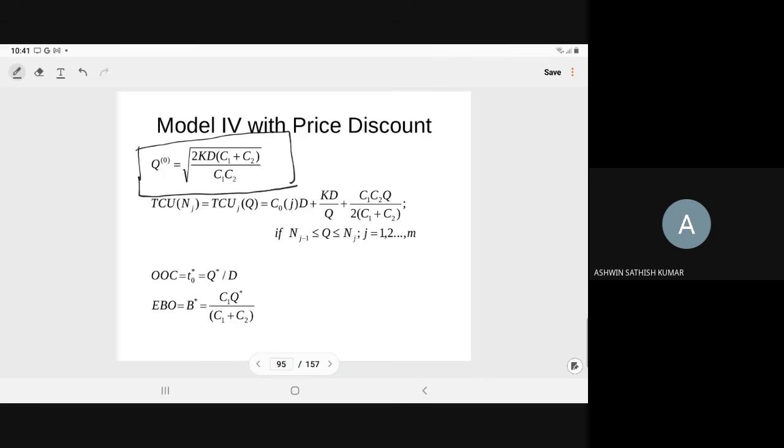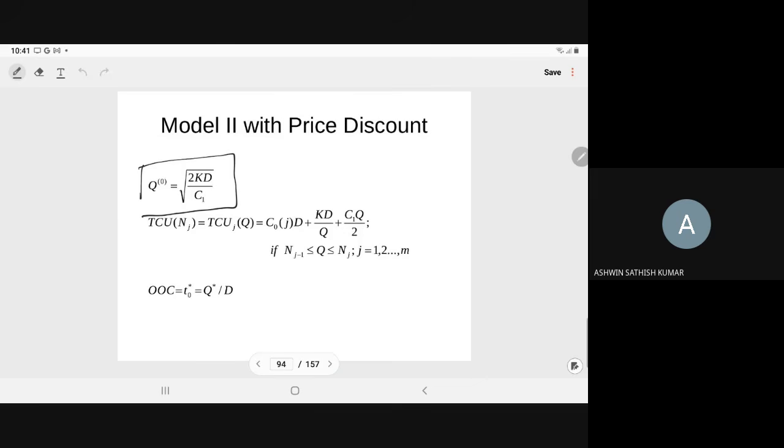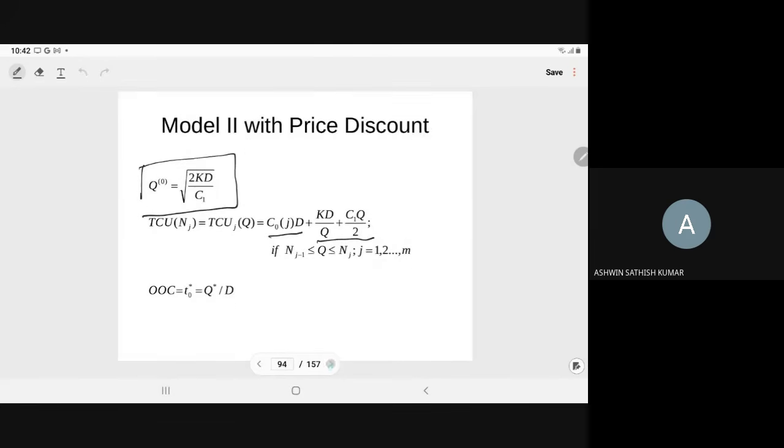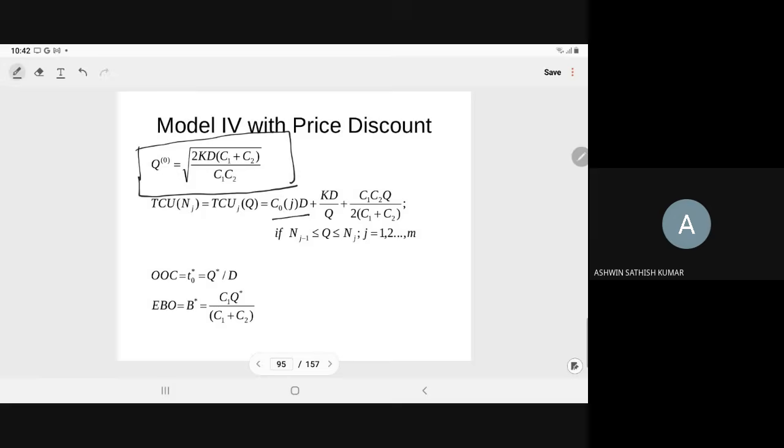The model 2 with price discount. Yes, sir, thank you. So we have the same expression, only this is C naught D plus FQ for the model 2, C naught D plus FQ for the model 1, and C naught D plus FQ for the model 4.